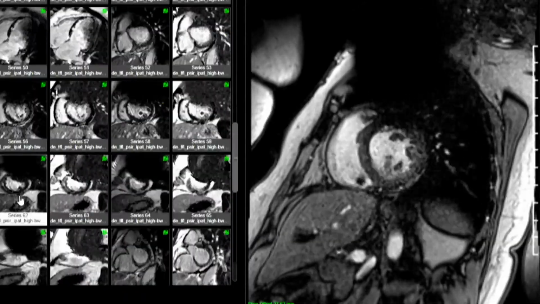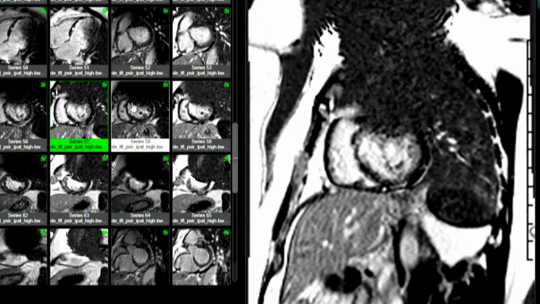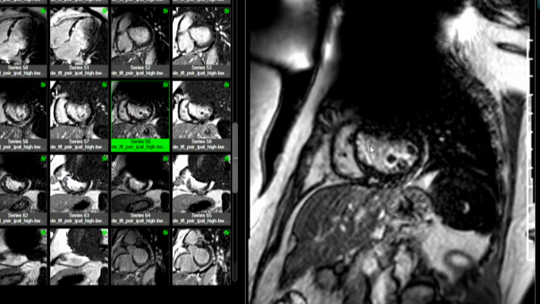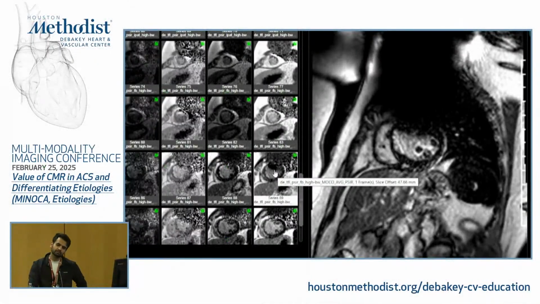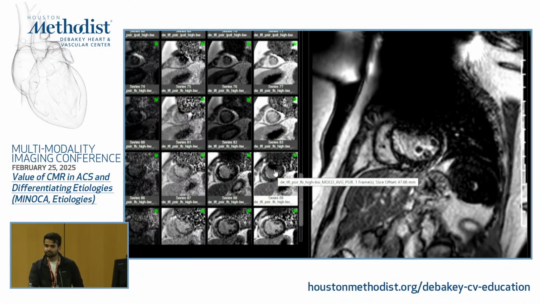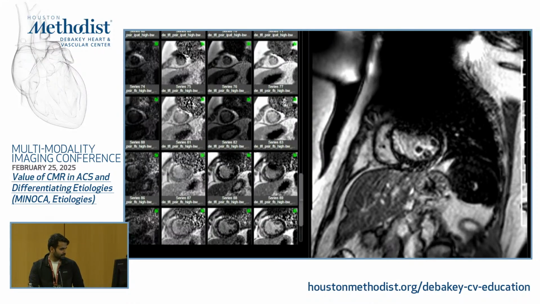The scar definition is altered because of the artifact from the device, but you can still see that the same area of late gadolinium enhancement is still persistent. Overall, so far, the patient has a good outcome. Now she's, I think, a year and a half out from that original bilateral sympathectomy. And so that was case number 2.